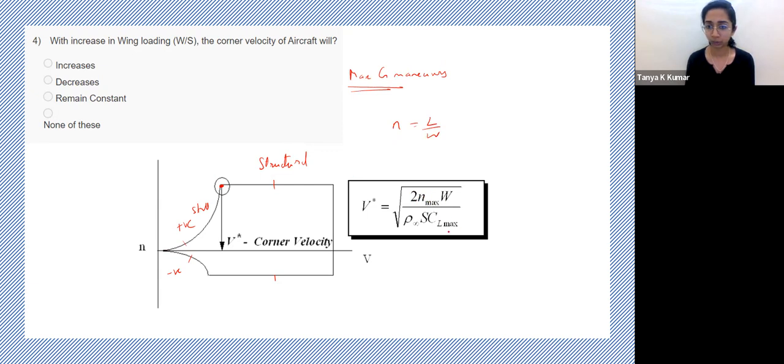The rest of the equation is similar to V stall. Only this Nmax component is introduced because you are no longer in steady level flight; you are pulling up or turning. So that is one limit that we impose.